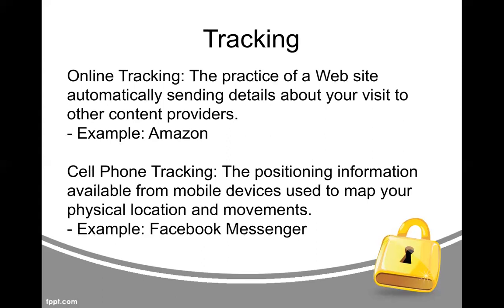Cell phone tracking is the positioning information available from mobile devices used to map your physical location and movements. Example, Facebook Messenger now. Facebook has now put those capabilities in Facebook Messenger. Also, your GPS on your phone and the Find My iPhone feature, all that is part of cell phone tracking.